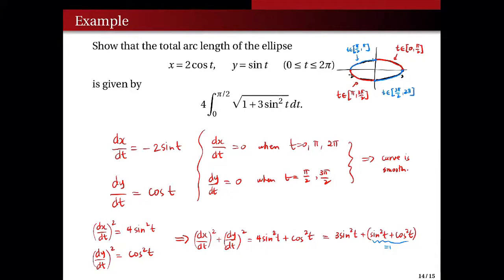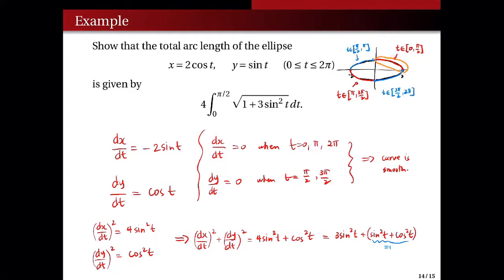But this is an ellipse. This is symmetric with respect to the origin. So it's enough to get the arc length on this part and then multiply it by 4.